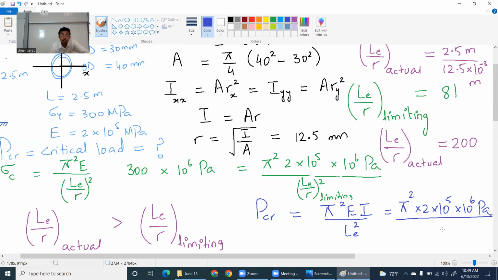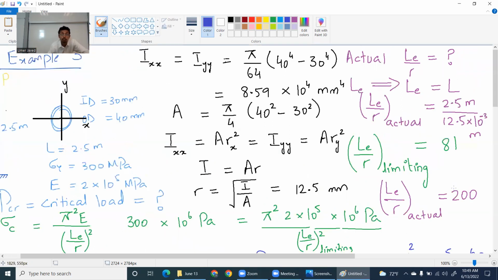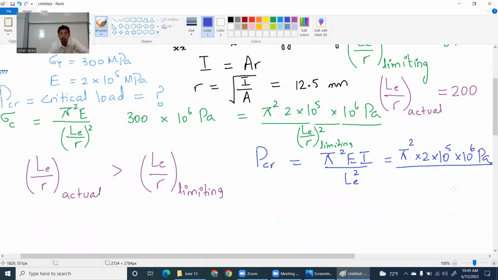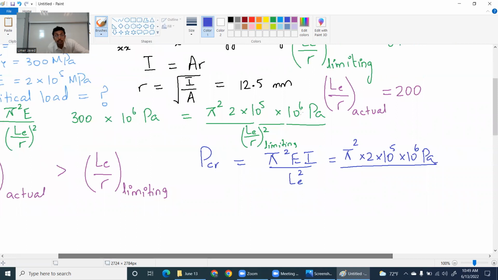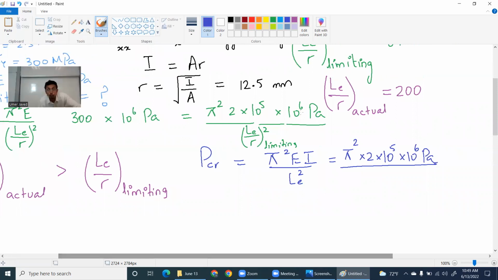There is moment of inertia as well. What was the moment of inertia? I think what we can do is we can play it a little intelligently. Although you can substitute the value of I, I will play it a little more intelligently.